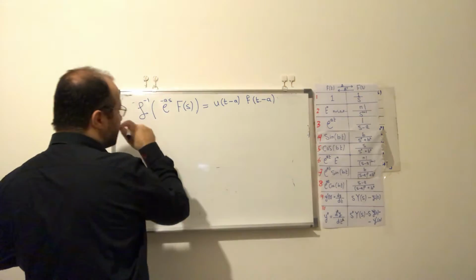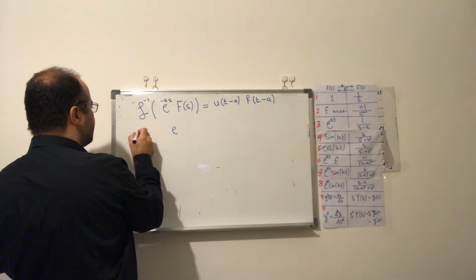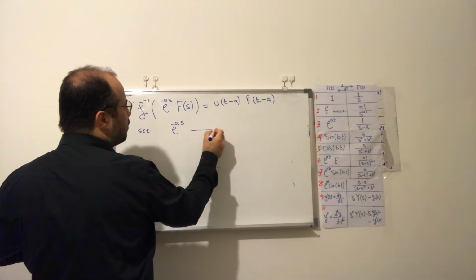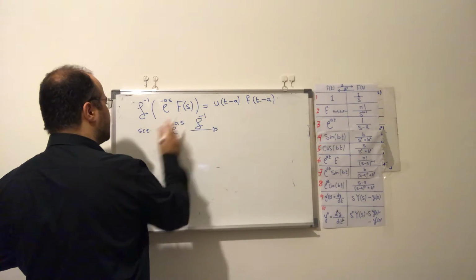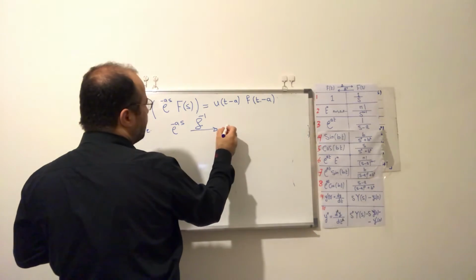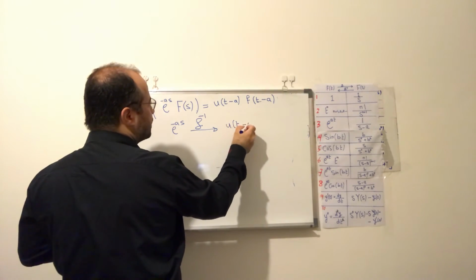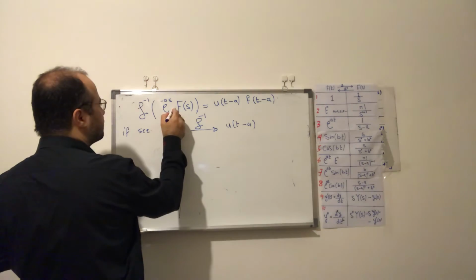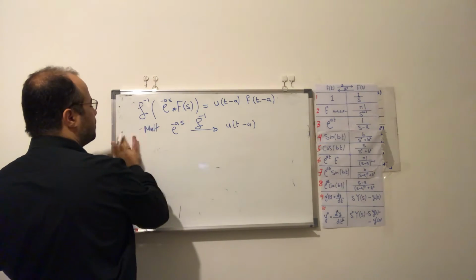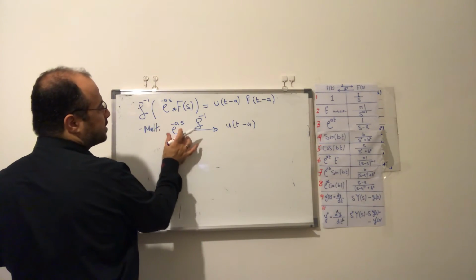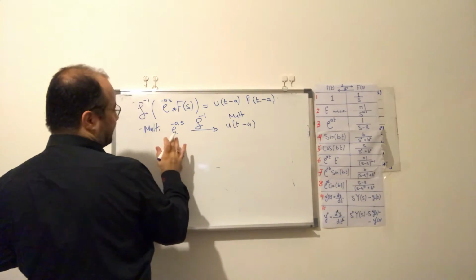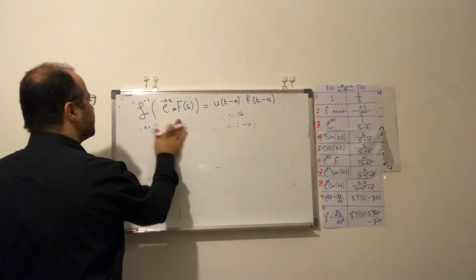Let me tell you the story. If you see e to the minus a s, then when you go with the Laplace inverse, you go right away to the Heaviside function. So I may write it in a different way.